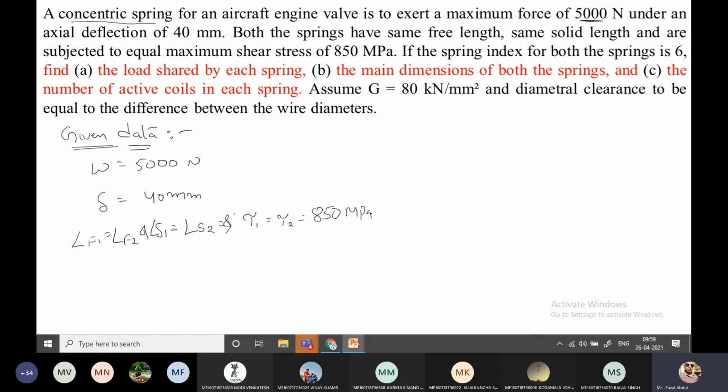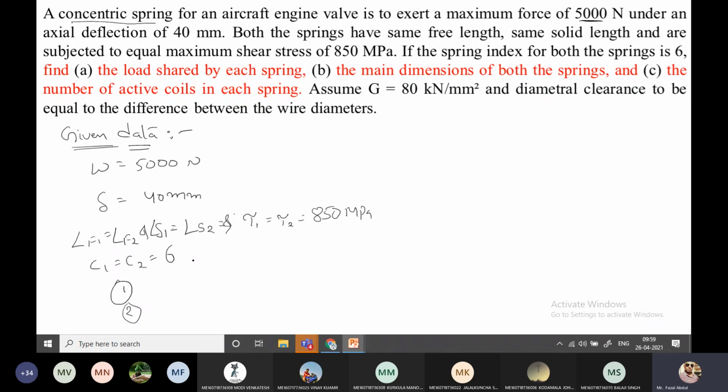If the spring index for both materials, C1 and C2, is the same, given as 6. The question is to find the load carried by each spring, W1 and W2. That is the first question.